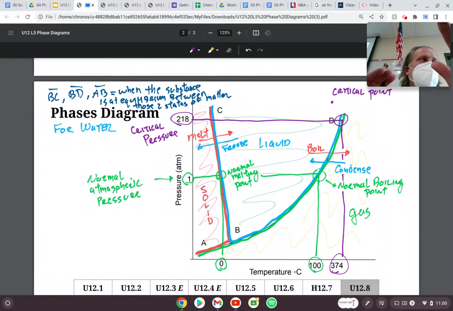This is the last temperature and pressure at which a liquid can exist.